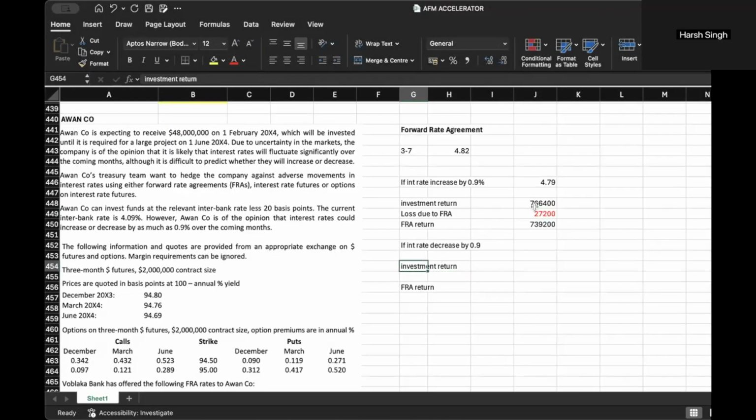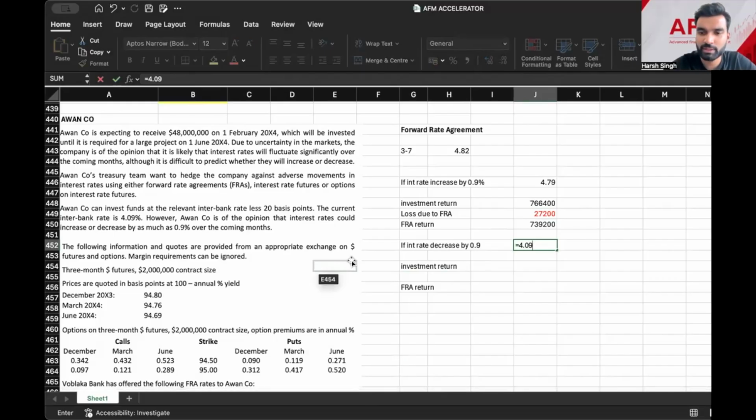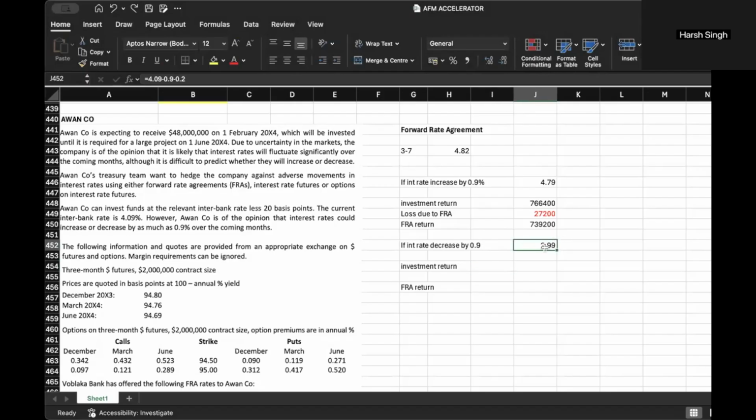Okay, now if the interest rate decreases by 0.9, what will be my final interest rate? It will become 4.09 minus 0.9 minus 0.2. I can directly use that in the calculation.